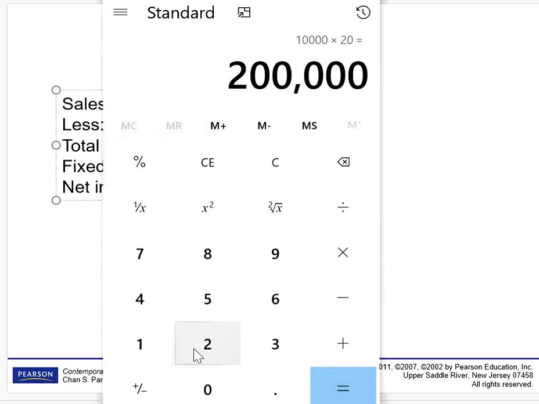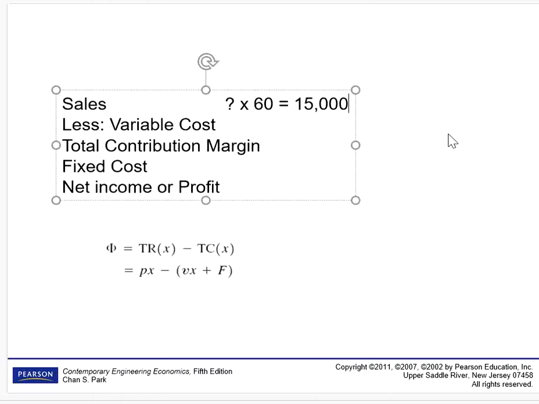So I'll go back. 15,000 divided by 60 is 250 units. So basically they sold 250 units. So now we have the number of units, 250.